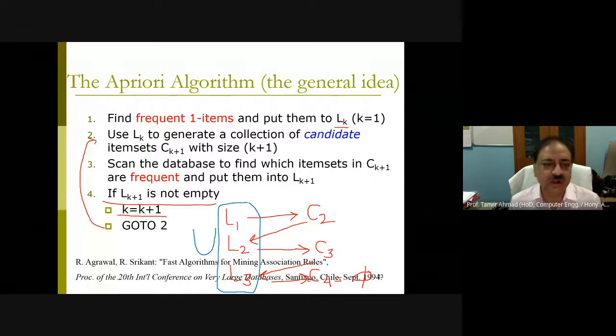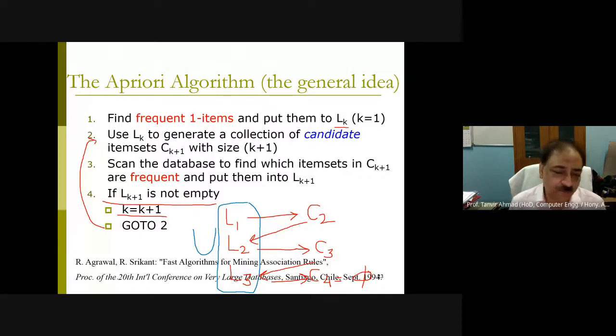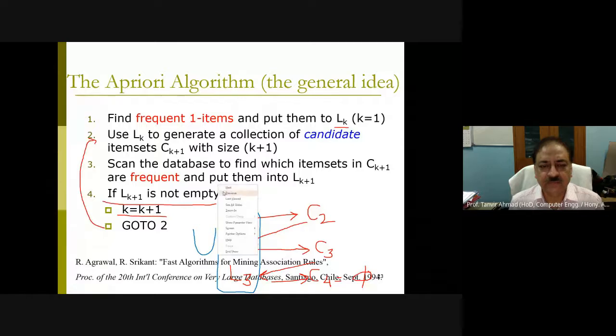And this is the whole Apriori algorithm given by Srikant and Agrawal at the VLDB conference in 1994. Is this clear? Okay.